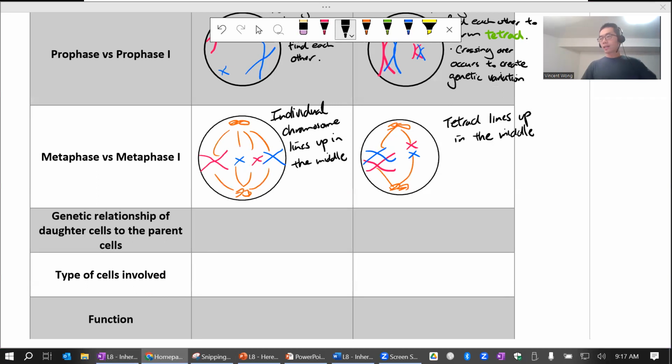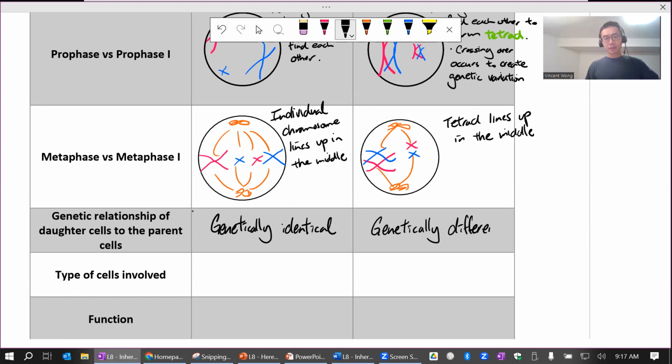All right, genetic relationship with the parent cell: for mitosis, it is genetically identical. For meiosis, it is genetically different.